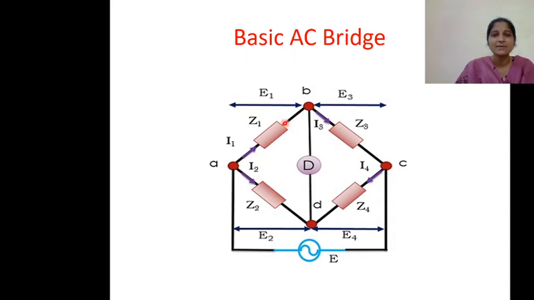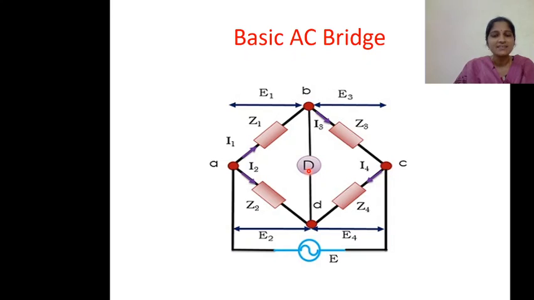That means the current coming through Z1 should completely flow through Z3, as well as I2 which is flowing through Z2 should completely flow through Z4, that is I4. So there should not be any current flowing through the detector.